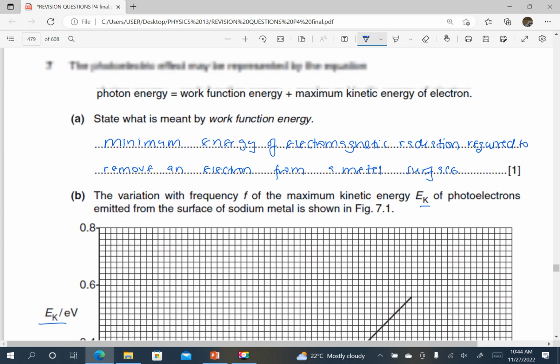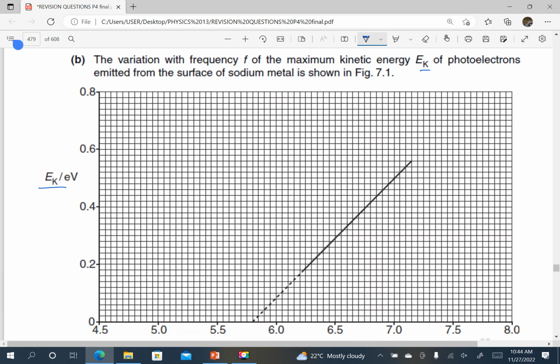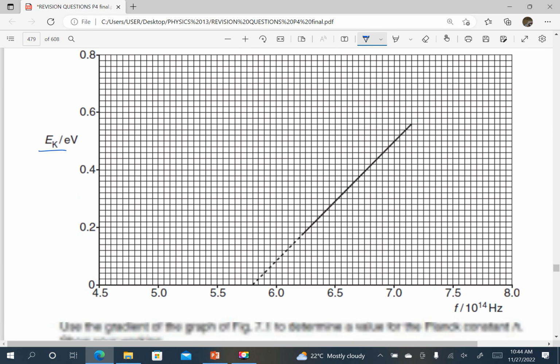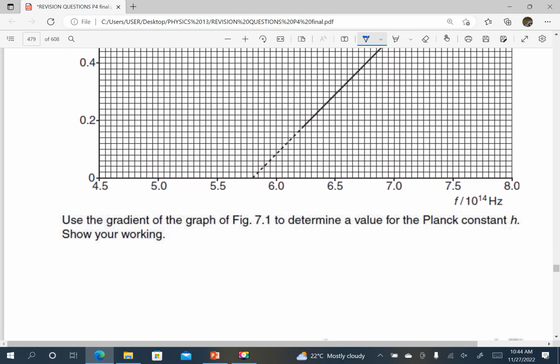They have told us that photon energy is equal to work function plus maximum kinetic energy. So remember hf equals hf naught plus Ek maximum. It is a graph of Ek against f, so you see that the gradient is Planck's constant.